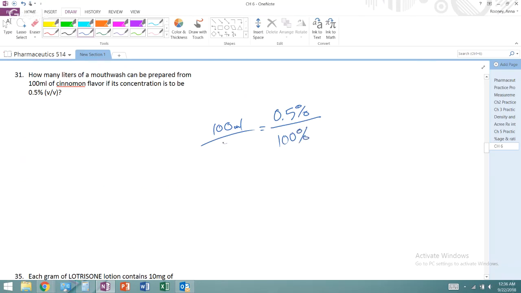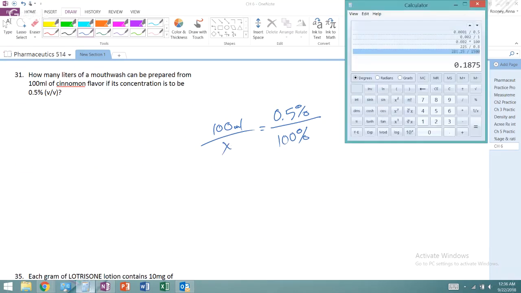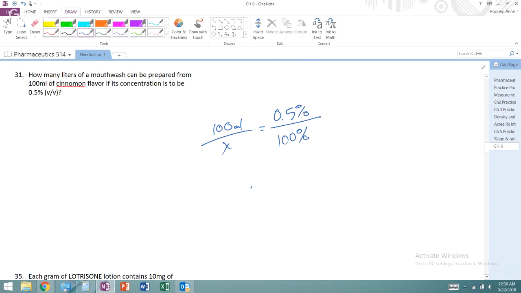So cross multiply, and it's 100 times 100 divided by 0.5. So 20,000 milliliters, but they're asking for liters, so that is 20 liters. So there is your answer.